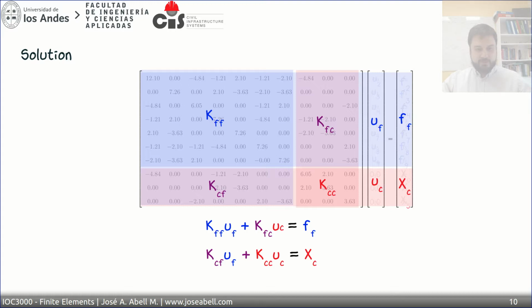If we read from the top system of equations, we get Kff times uf plus Kfc times uc, where uc is a known vector, equals Ff. And the bottom equation reads Kcf times uf plus Kcc times uc equals Xc.